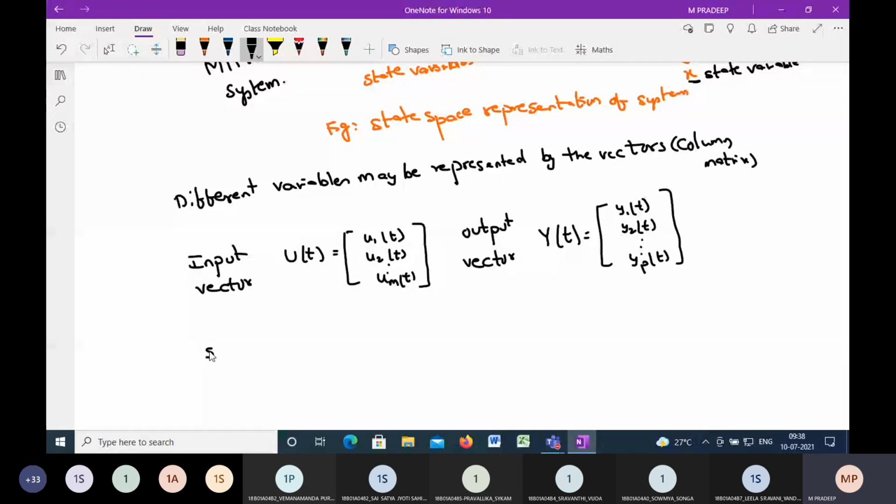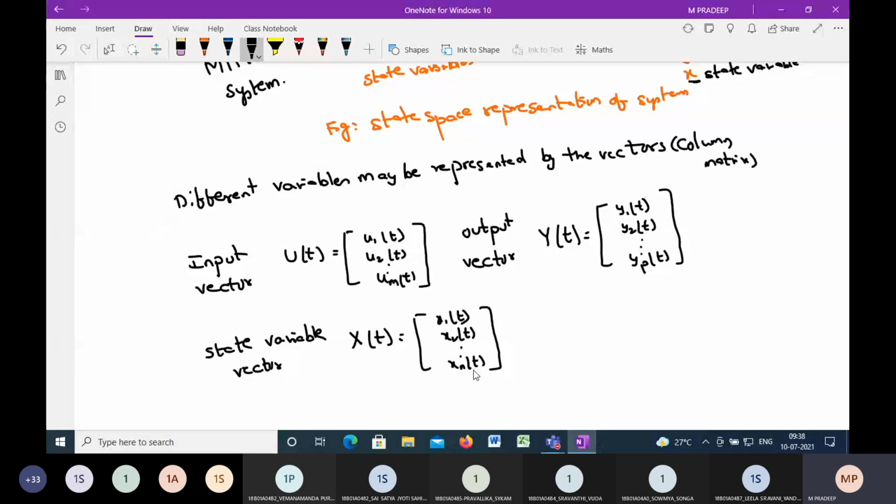What should the state variable vector be? The state variable vector is x of t is equal to x1 of t, x2 of t, and so on up to xn of t.